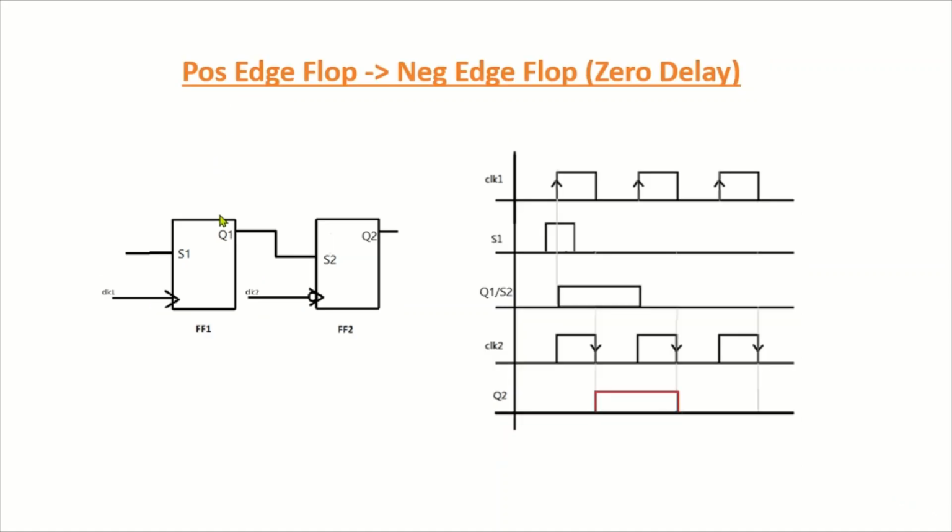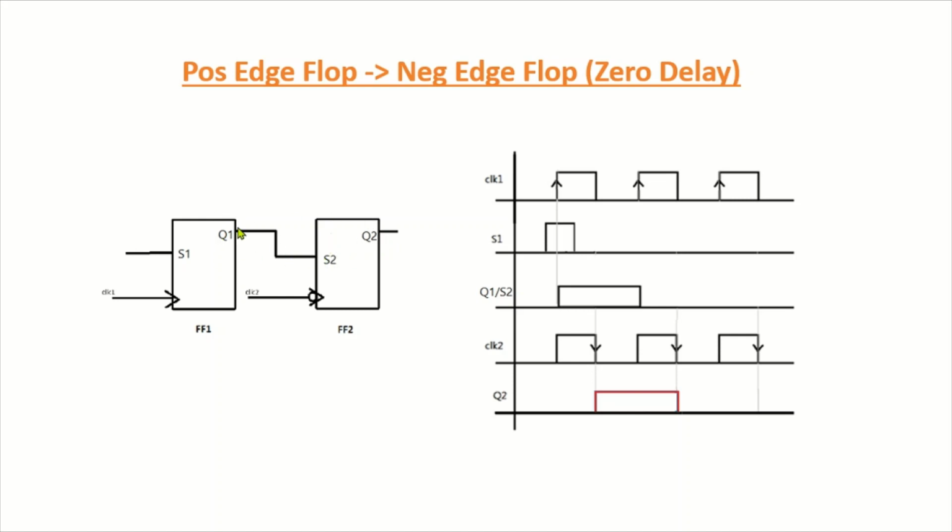Now the posedge flop and negedge flop are in sequence. Now we can see the data S1 is propagating to Q1, and the Q1 data is feeding to clock 2 and coming at Q2 within the same off cycle. If the data appears within the same off cycle, then we lose the controllability and observability at Q2, because we cannot propagate 1 0 or 0 1 data at Q1 and Q2.